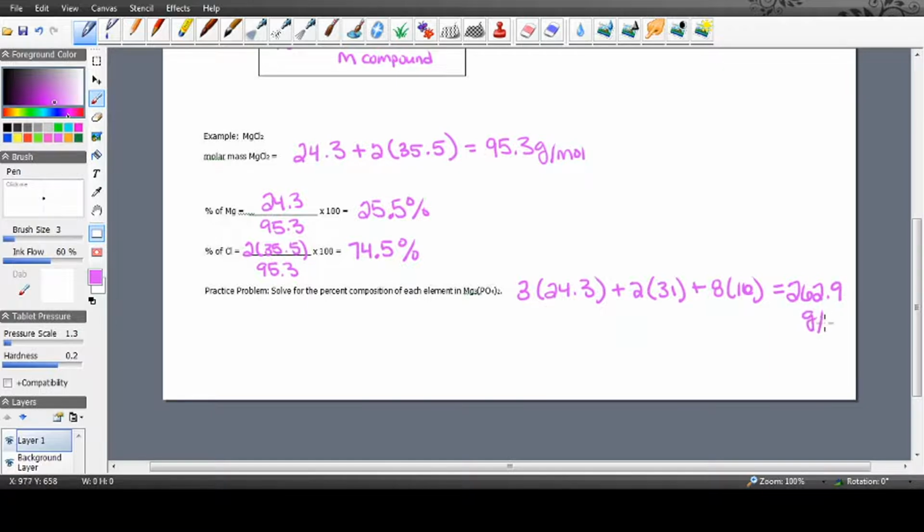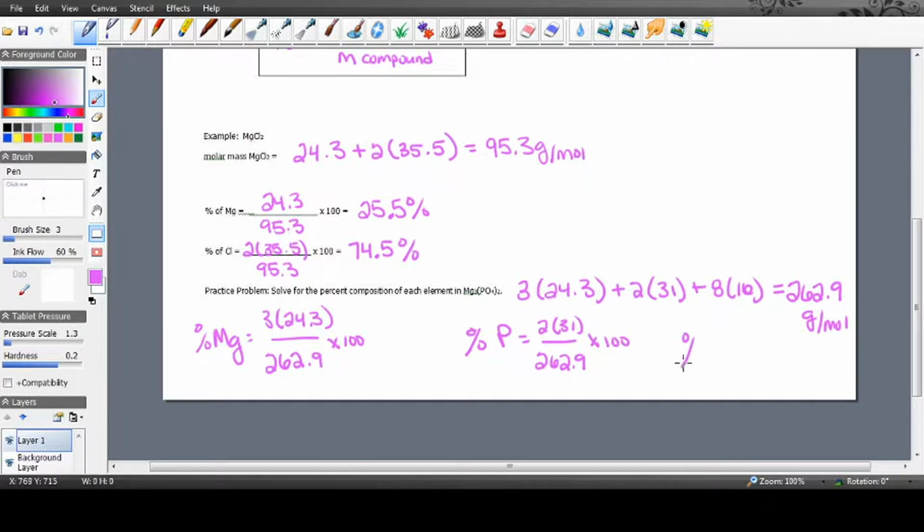262.9 grams per mole. So to get percent of magnesium, I'm going to put my 3 times my 24.3 over my total, 262.9 times 100. To get my percentage of phosphorus, I'm going to put my 2 times 31 over my total, 262.9.